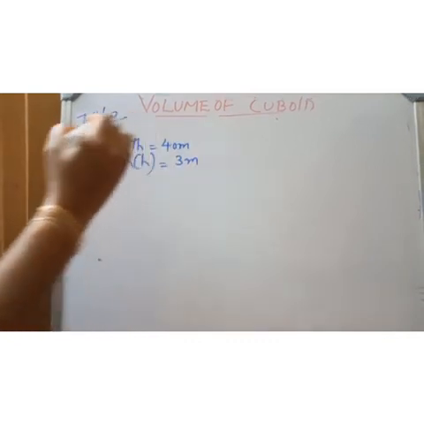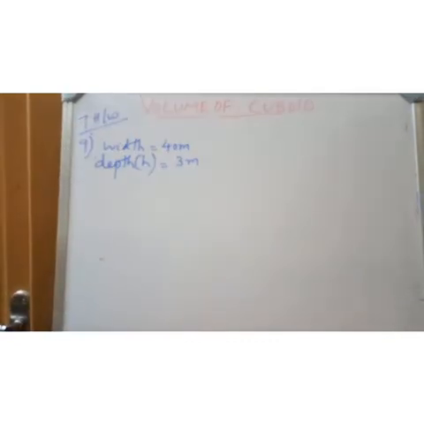These are the two values given in this question. We must find out the length of the cuboid, isn't it? So then only we can say that length into breadth into height will be the volume. Instead of giving the length of the cuboid, they have given water flowing at the rate of 2 kilometers per hour. So let L be the length of the river you have to consider.